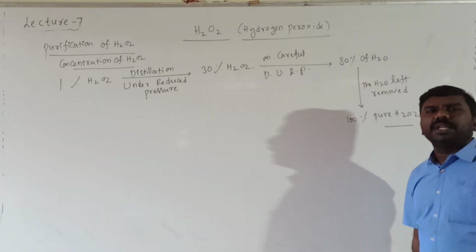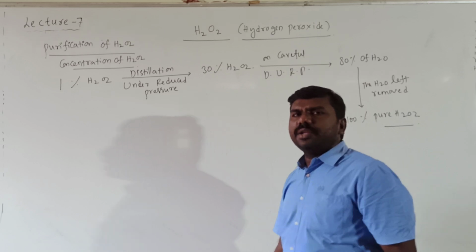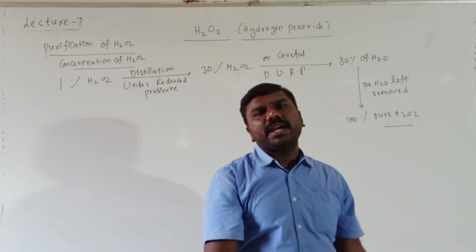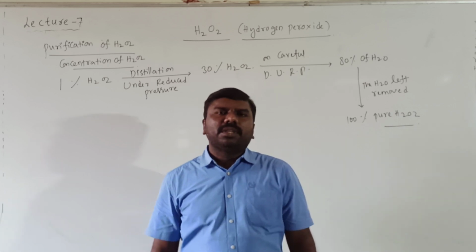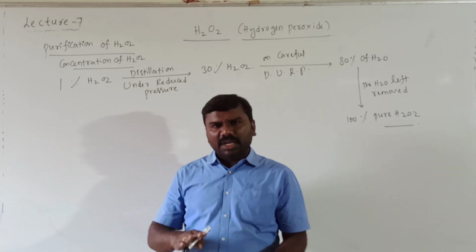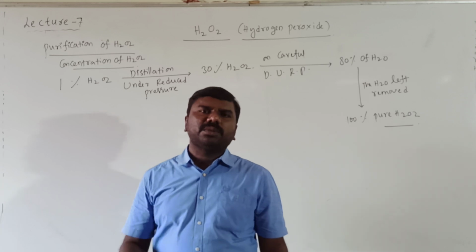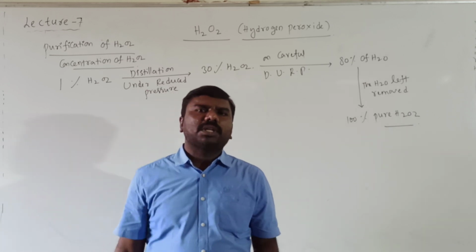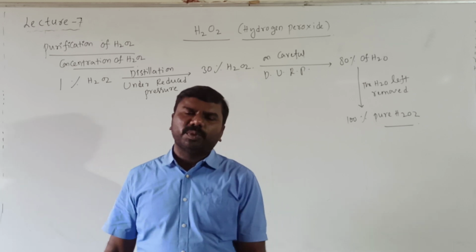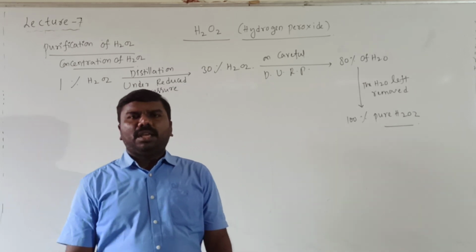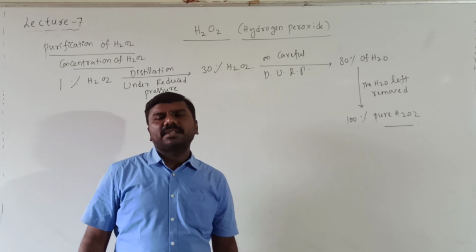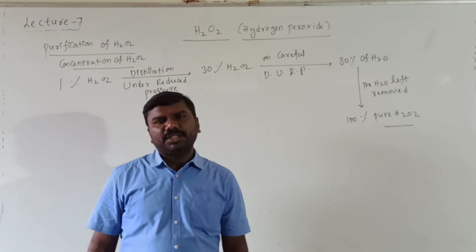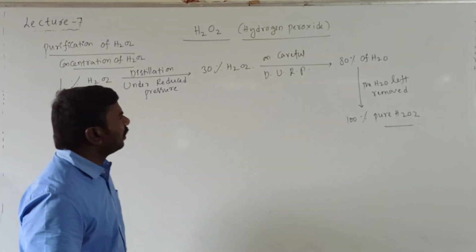So this is the purification. Distillation under reduced pressure means we need to decrease the outside atmospheric pressure, then the boiling point will be decreased. At a low temperature only, it will be distilled or separated into pure and impure compounds. We have already studied this in first year organic chemistry: distillation under reduced pressure, also called vacuum distillation. This is purification.